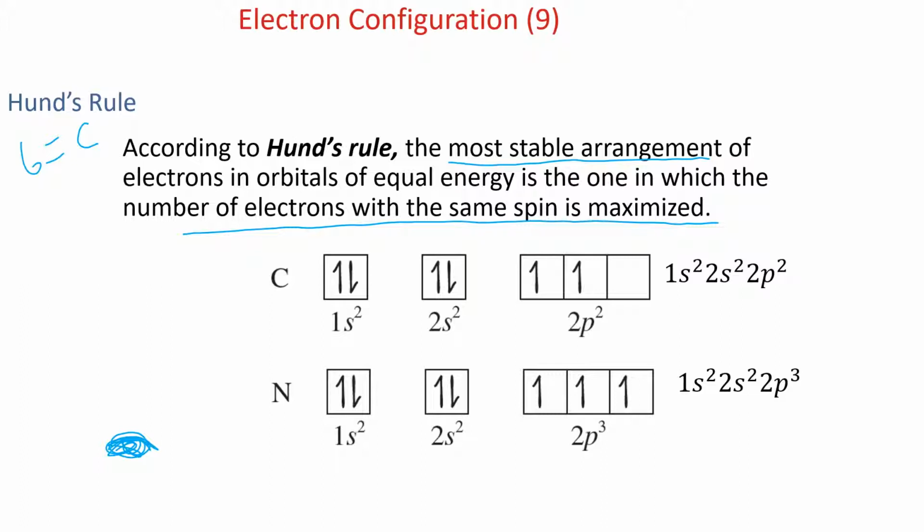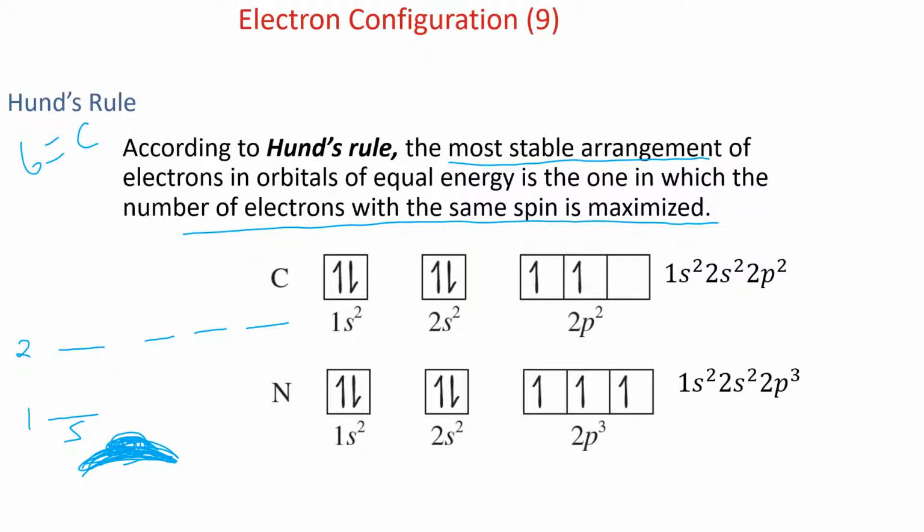Now, if I were to say, here's my nucleus, here's my first main energy level, which only has an S sublevel. Second, we said has S and P. Now, carbon only has 6 electrons. So it's going to start filling from the closest to the nucleus first and then go up or away from the nucleus.